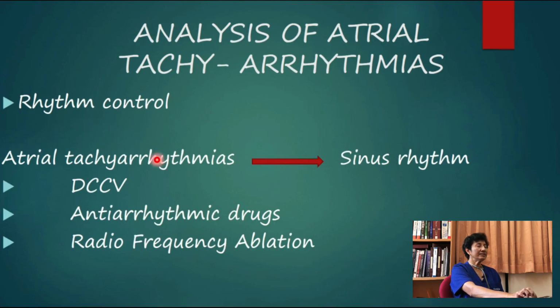Now we learned about how to manage the ventricular rate during atrial tachyarrhythmia. The next step is the management of the ongoing atrial tachyarrhythmia. That means we have to revert atrial tachyarrhythmia into sinus rhythm in selected patients, if it is indicated.